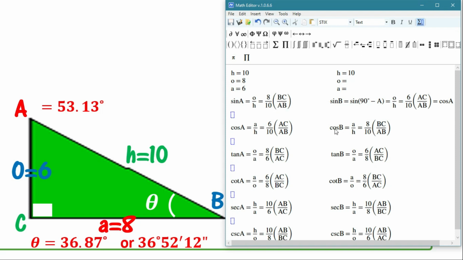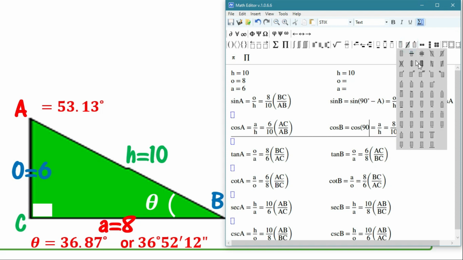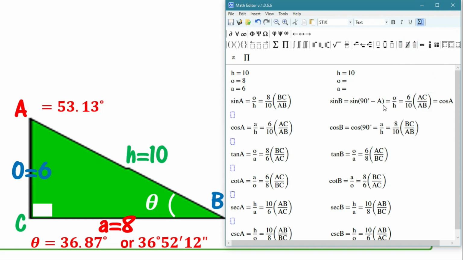Alright? Now, let us have this one. Cosine of B. Cosine of B can be represented as the cosine of 90 degrees, since A and B are complementary angles. Okay? So, that is the cosine of 90 degrees minus A. And kung mapapansin niyo yung sides na after tayo kay cosine B is BC over AB.